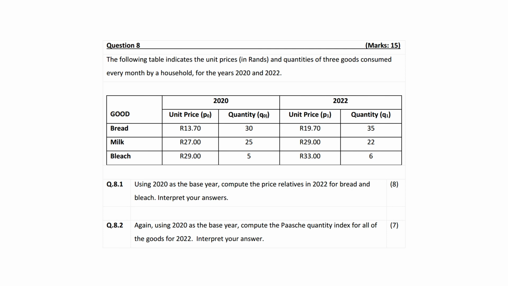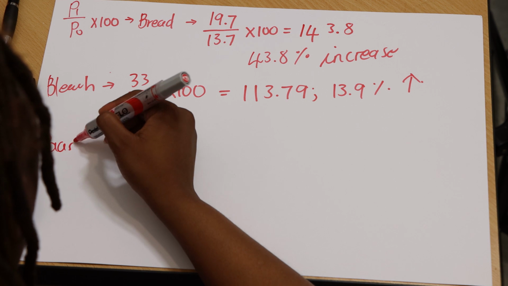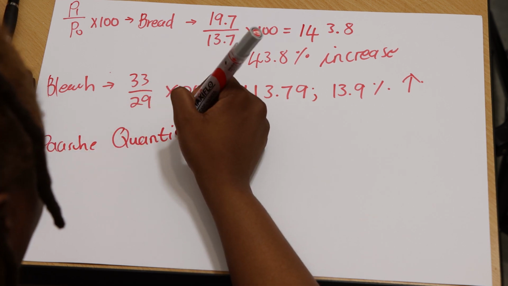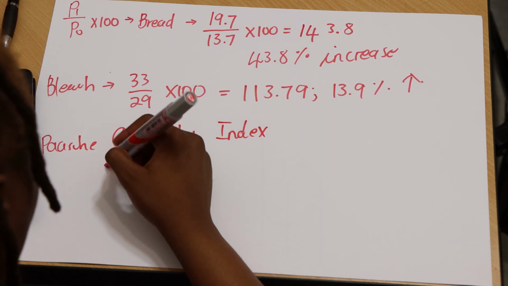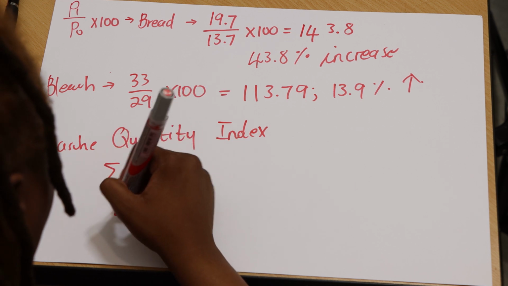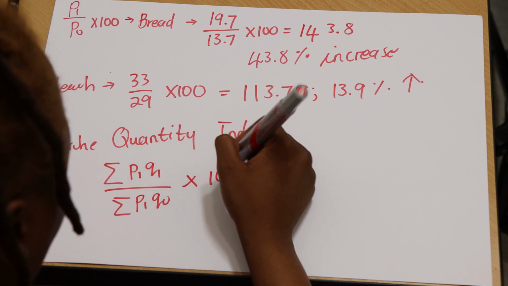Remember, this is a quantity index, meaning it is the price that is being held constant. So the equation for the Paasche quantity index is given by the sum of P1 Q1 divided by the sum of P1 Q0 multiplied by 100.